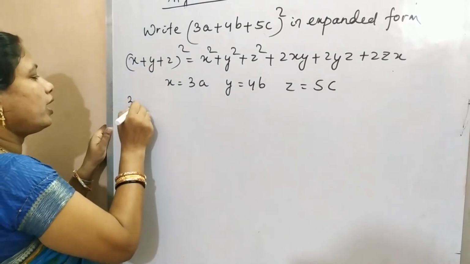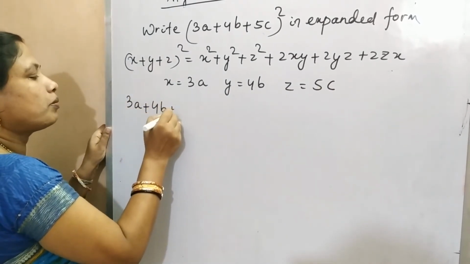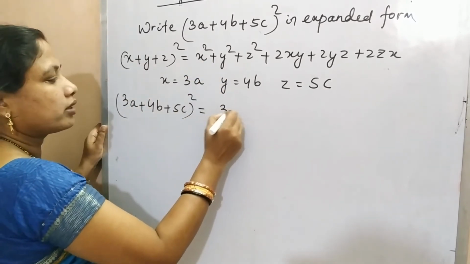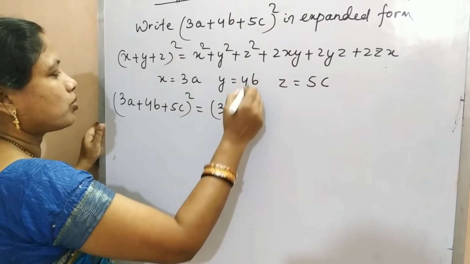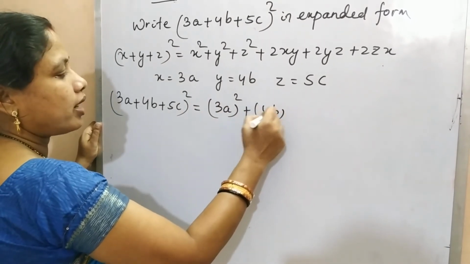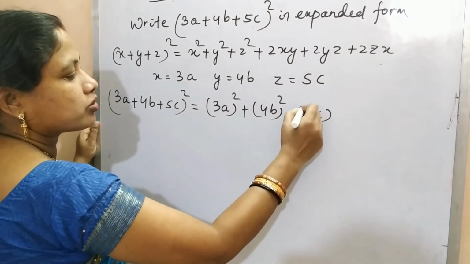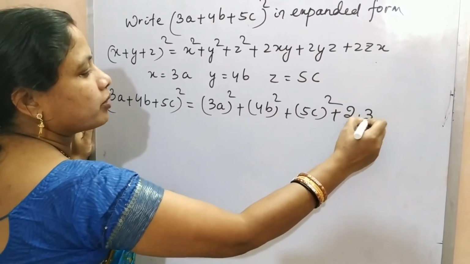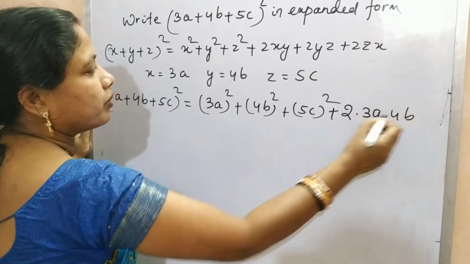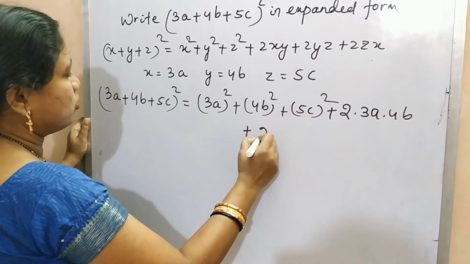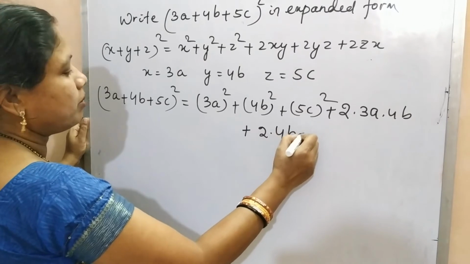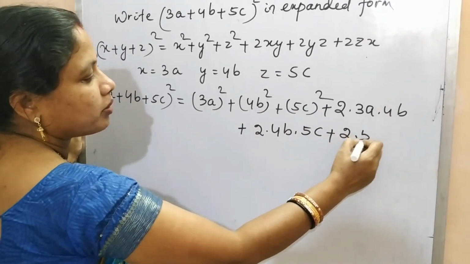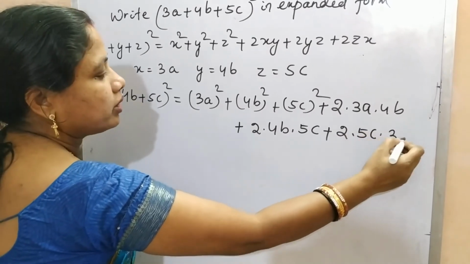So 3a plus 4b plus 5c whole square is equal to x square, 3a square, plus y square, means 4b whole square, plus 5c whole square, plus 2xy, 2 multiplied with 3a multiplied with 4b, plus 2yz, 2 multiplied with 4b multiplied with 5c, plus 2zx, 2 multiplied with 5c multiplied with 3a.